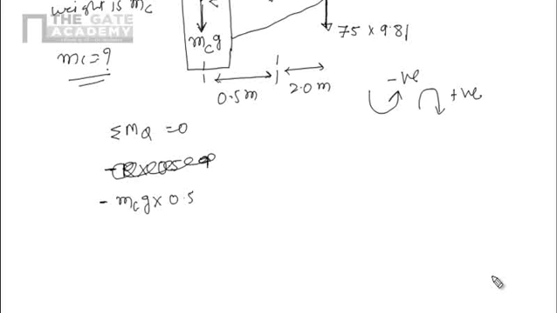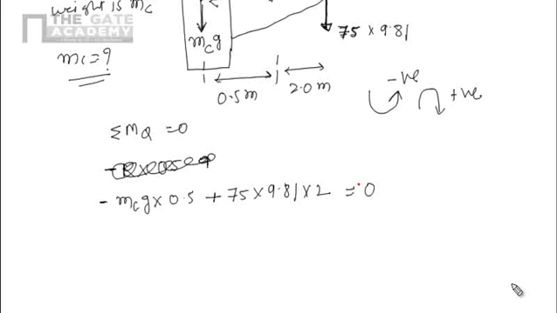The moment due to the weight of 75 kg, that is 75 into 9.81, with perpendicular distance 2, is in the clockwise direction, so positive, equals 0.